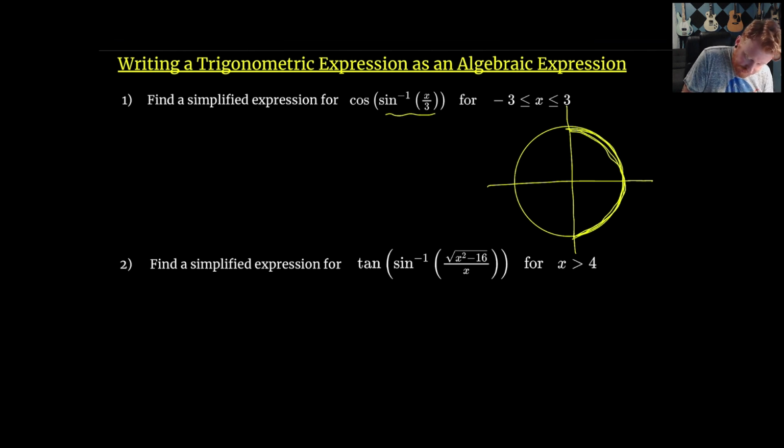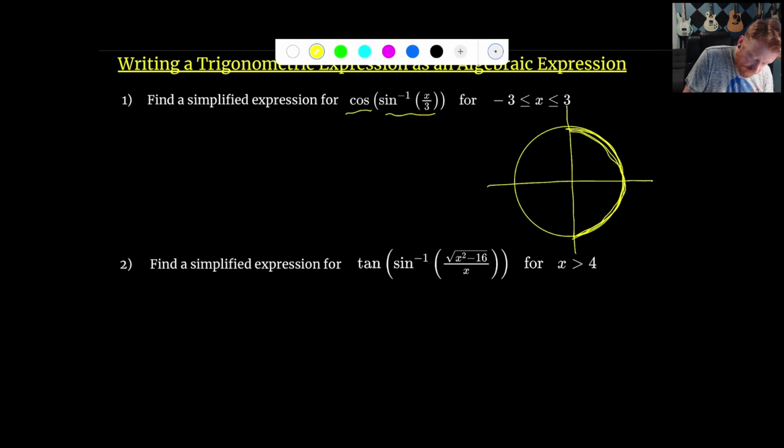So that's talking about the sine inverse. And then we're going to talk about the cosine, so I know that I'm going to be restricted to the top half here, which shows me that we should be focused on this first quadrant, where these two restricted domains intersect. So I'm going to just drop in some random angle here in the first quadrant, since I know that must be where we are living here.